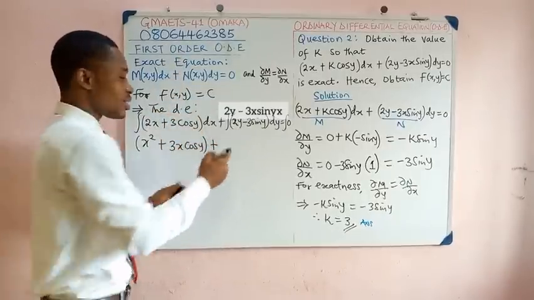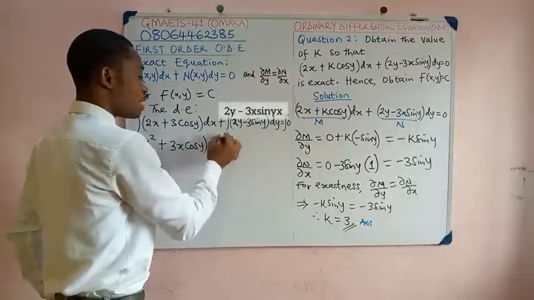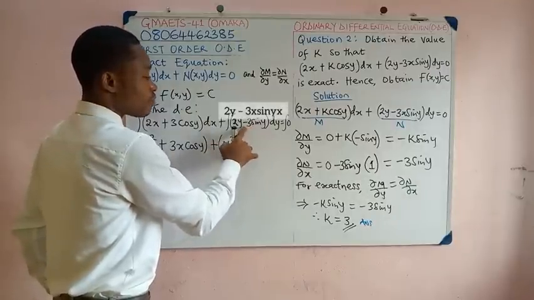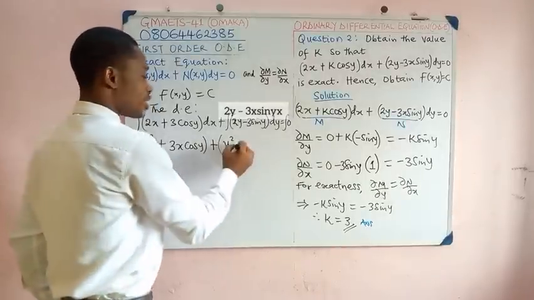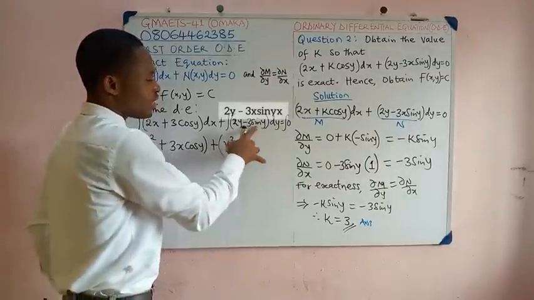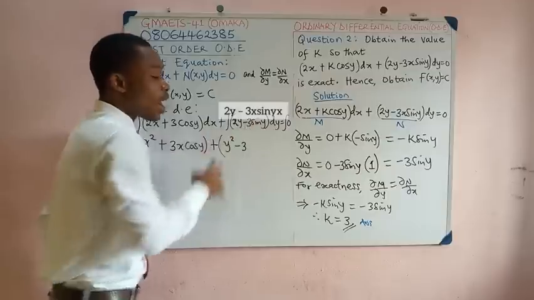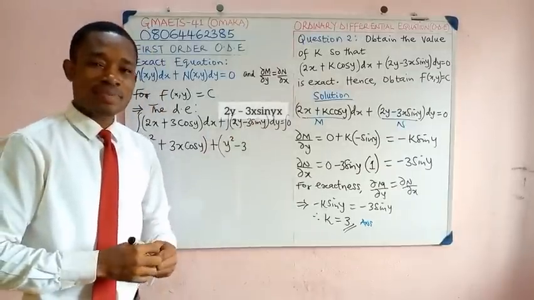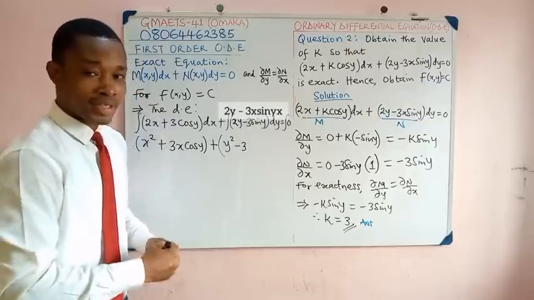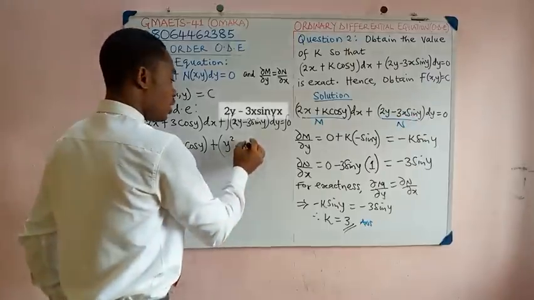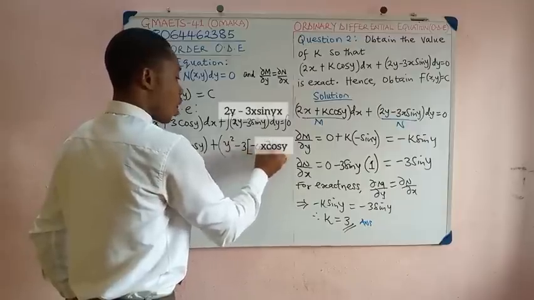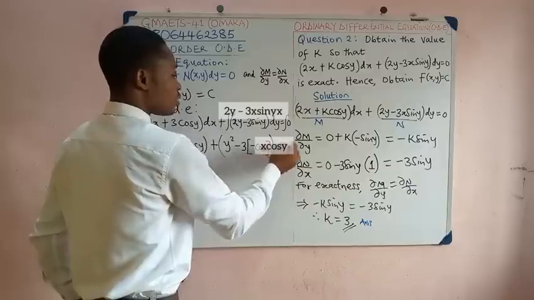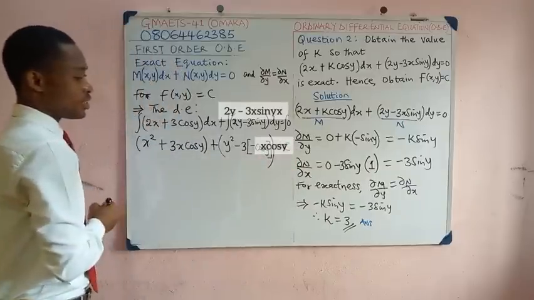The 2's we cancel out, and then you'll be left with y squared. And then integrate minus 3 sine y with respect to what? Y. So that's going to be minus 3. Then if you integrate sine y, what will you get? You're going to get minus cos y. It's a standard integral. So that is going to be minus cos y. Then integral of 0 gives us a constant, that is c.